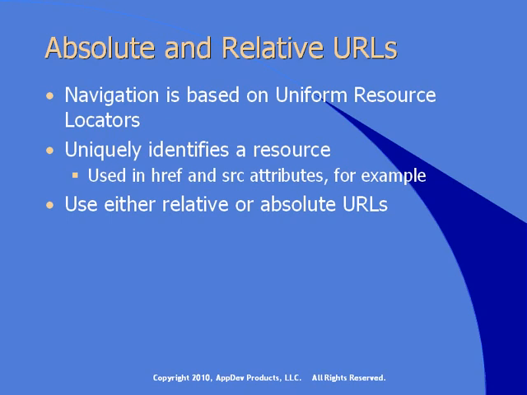The difference between the two is whether or not the browser finds the resource in an absolute location, an unambiguous location that is not relative to any other resource. And then the relative, of course, is in a location relative to the current page. The idea is that you don't need to specify an entire absolute URL to uniquely identify a particular location.